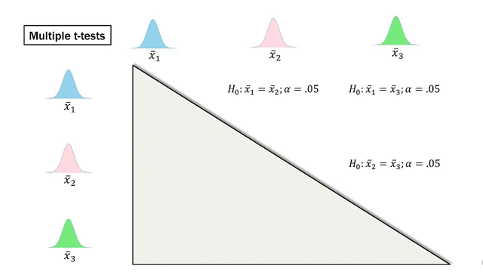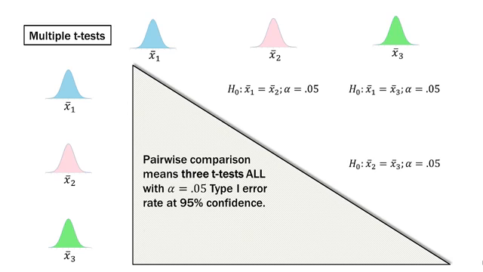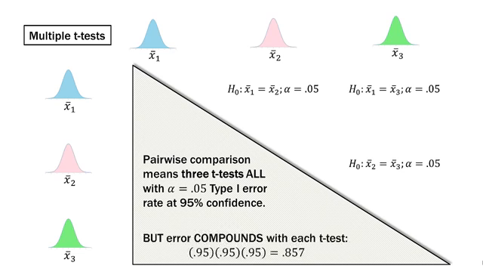Now notice each one of those independent tests has its own alpha level. So alpha 0.05, 0.05, and 0.05. Now the problem with doing all of these pairwise comparisons is that the alpha level is the type 1 error rate, of course, which means 95% confidence. But the error compounds with each t-test.